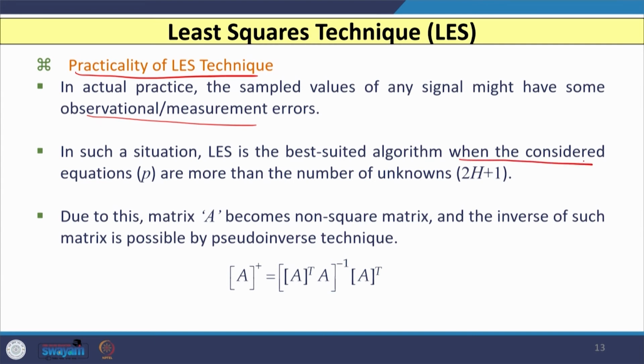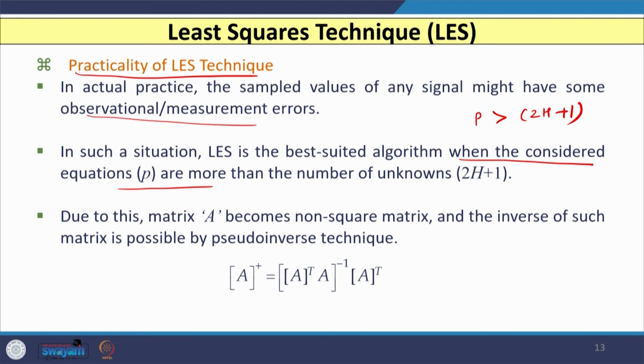When the samples P available are more than the unknowns, that is, when the value of P is greater than 2h plus 1. The minimum is p equal to 2h plus 1, but if the samples are more than the unknowns, then in that case the LES algorithm performs better compared to the earlier algorithms.